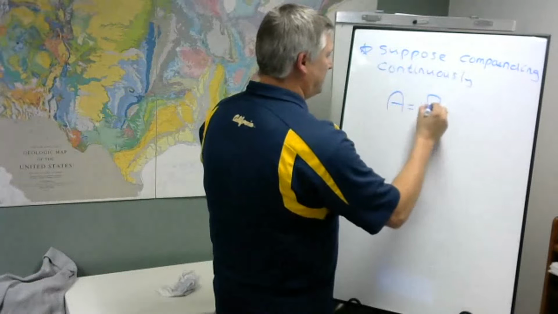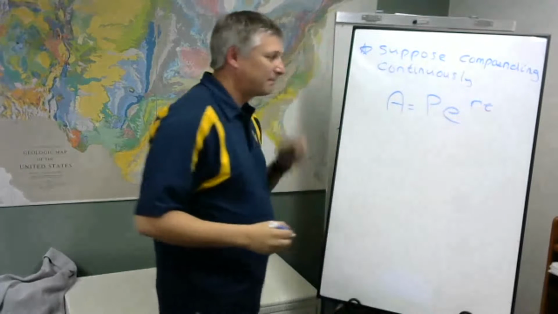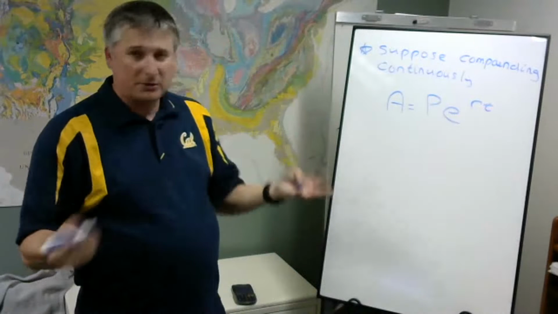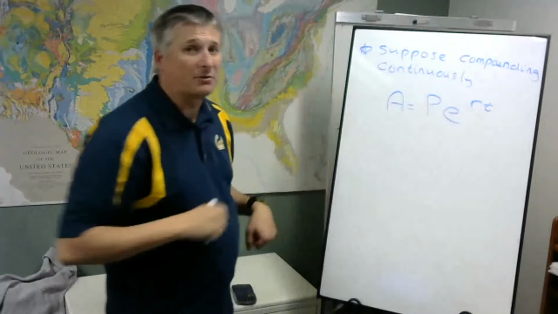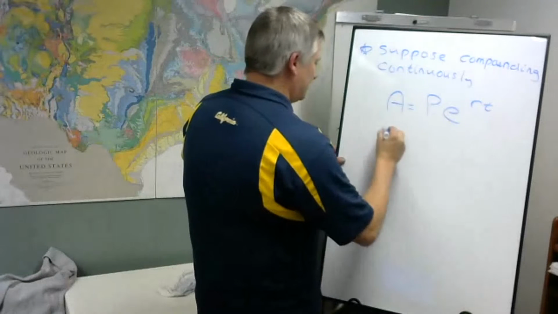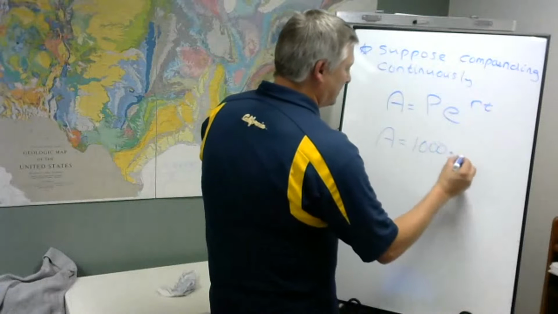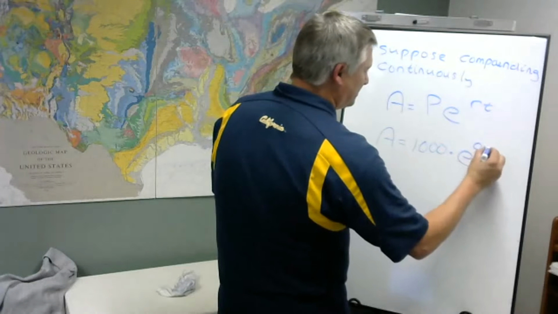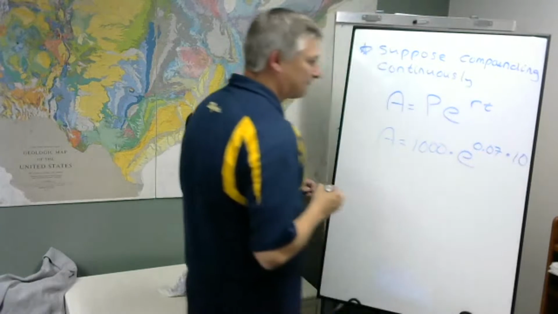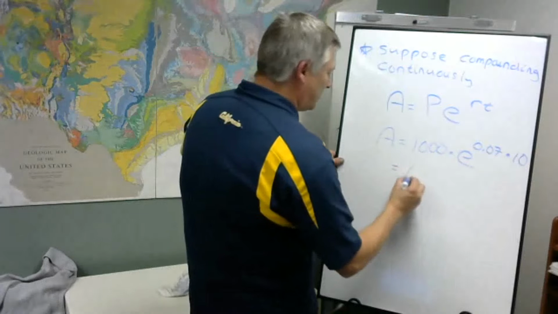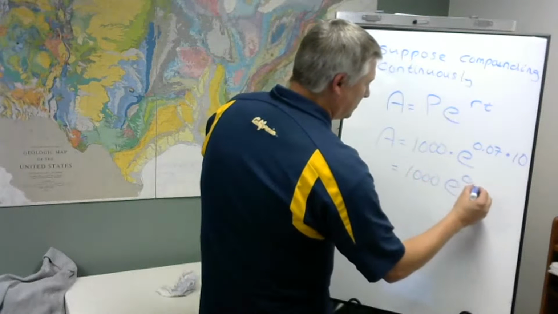A equals P E to the RT. So we're still going to do this for 10 years. We're still using the 7% interest rate. We're still investing $1,000. So this means we get 1,000 times E to the 0.07 times 10 years, or 1,000 E to the 0.7.